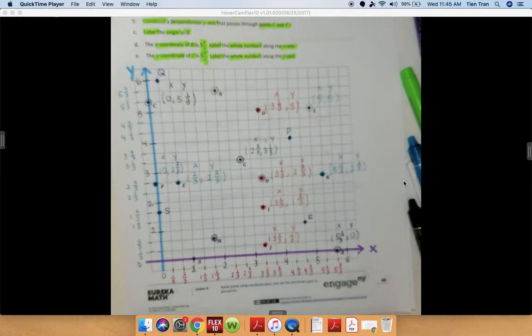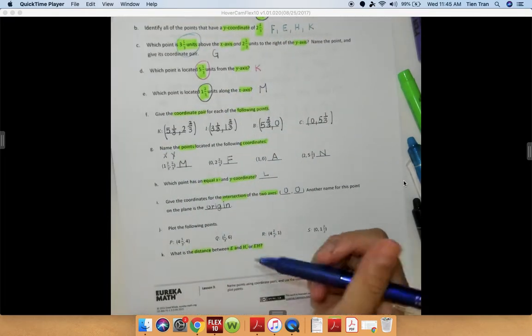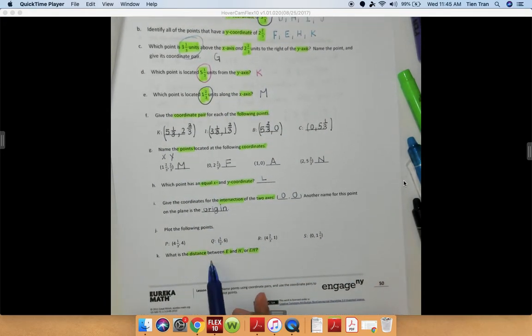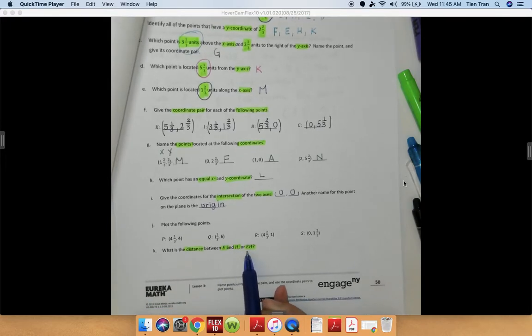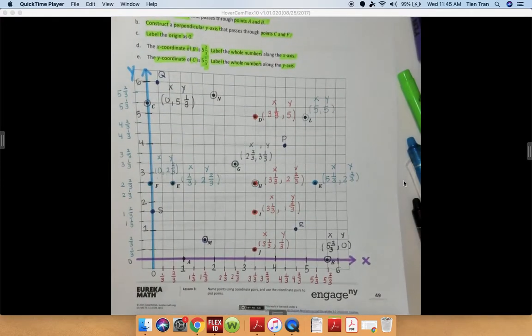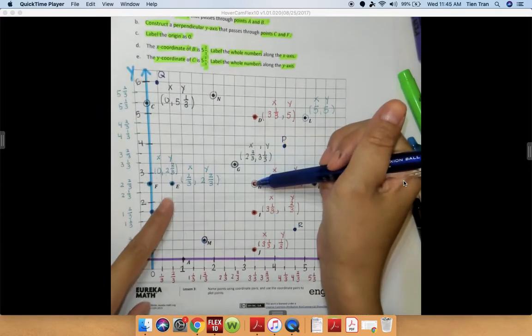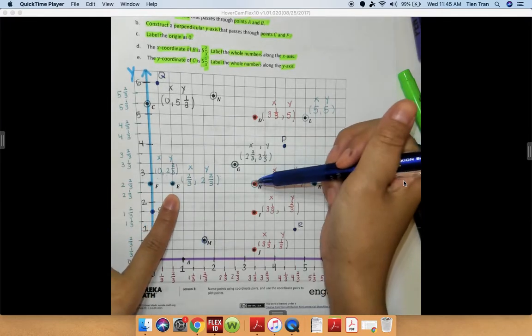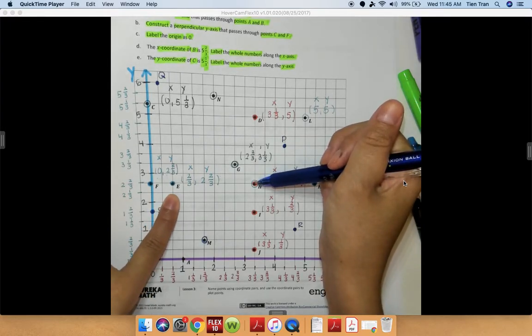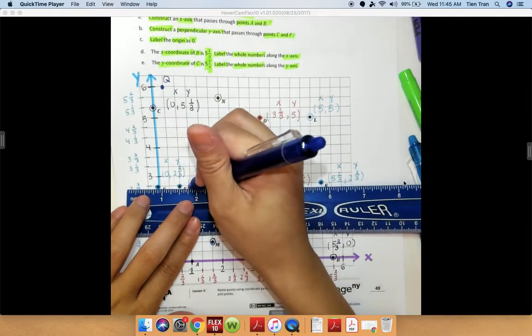Okay? Now, for the next problem, we have problem K. Problem K asks us, what is the distance between E, H, or EH? So I'm looking at E, H, and EH. So where is E? E is right here. H is right here. And so I'm looking at this line right here.